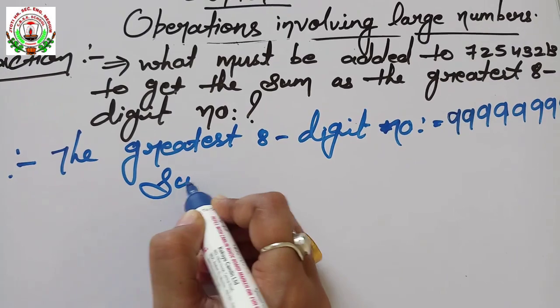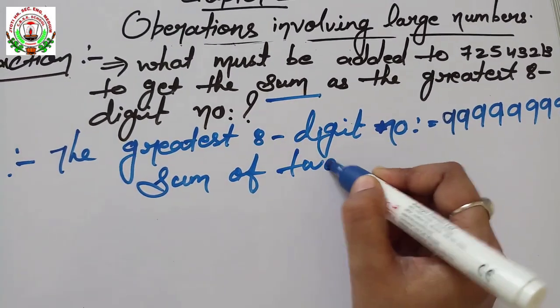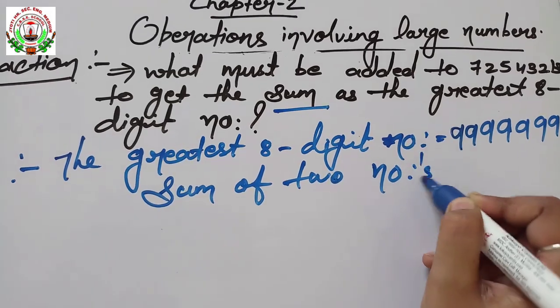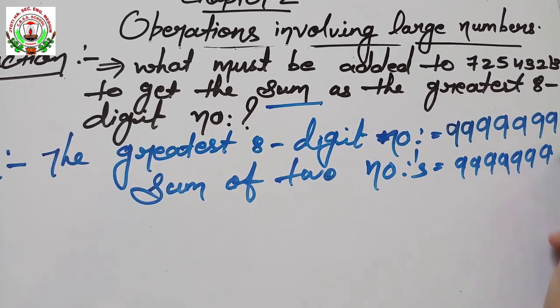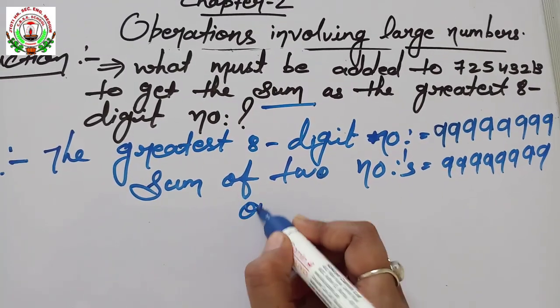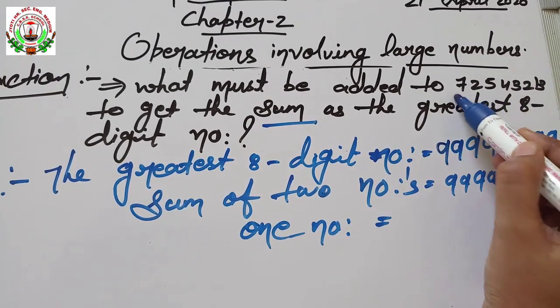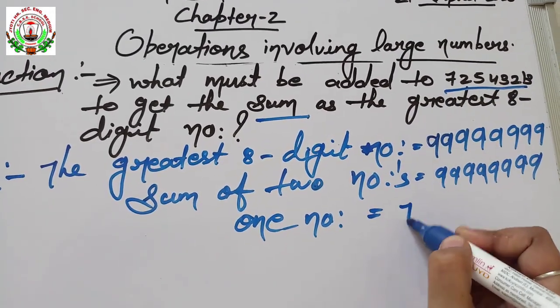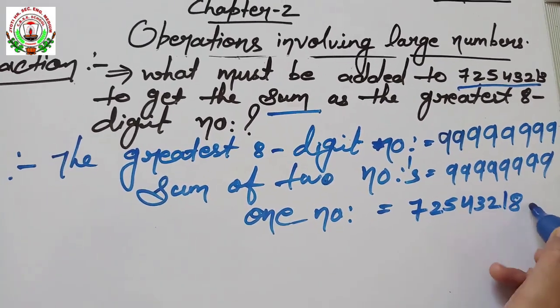Now it means we have got this sum of two numbers. This, 1, 2, 3, 4, 5, 6, 7, 8, we have got. Now one number is already given here in the question, and what is that number? 7254321.